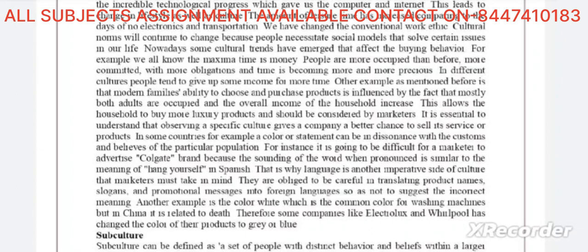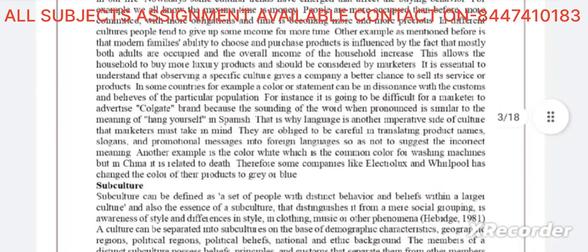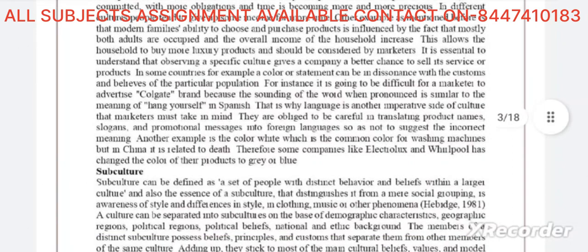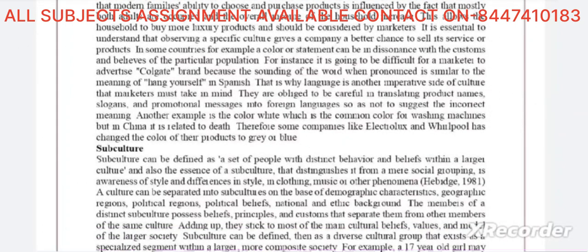For instance, it is going to be difficult for a marketer to advertise the Colgate brand because the sound of the word when pronounced is similar to the meaning of hang yourself in Spanish. That's why language is another imperative side of culture that marketers must take in mind. They are obliged to be careful in translating product names, slogans, and promotional messages into foreign languages so as not to suggest the incorrect meaning.